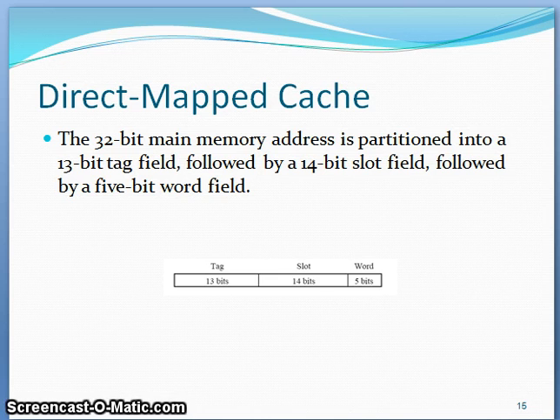The 32-bit main memory address is partitioned into a 13-bit tag field, followed by a 14-bit slot field, followed by a 5-bit word field. So in direct mapping, the total field is divided into 3 parts: tag, slot and word.